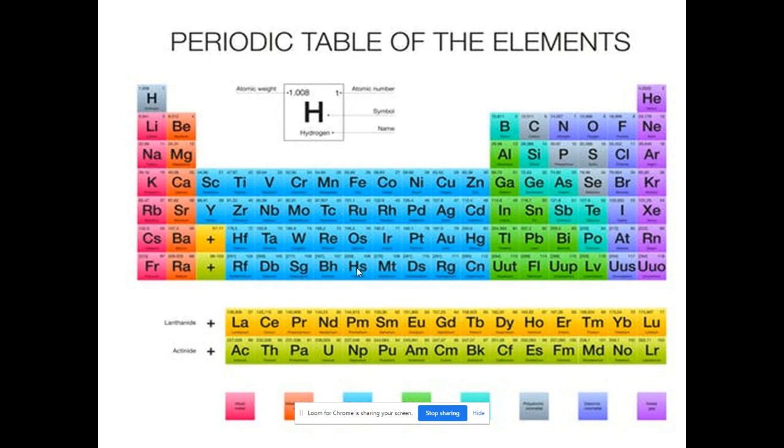Metals are ductile, which means we can draw them into thin wires. For example, students, in our house we use copper wires to carry current. All the metals are good conductors of heat and electricity.